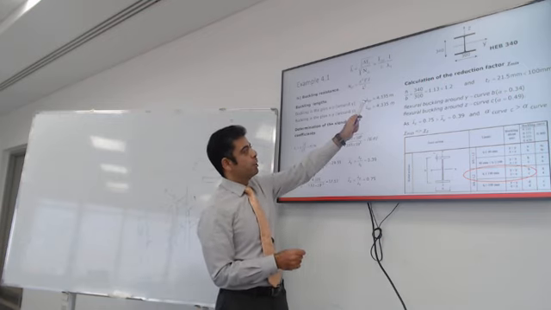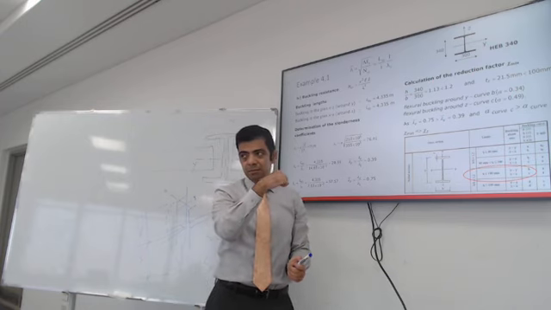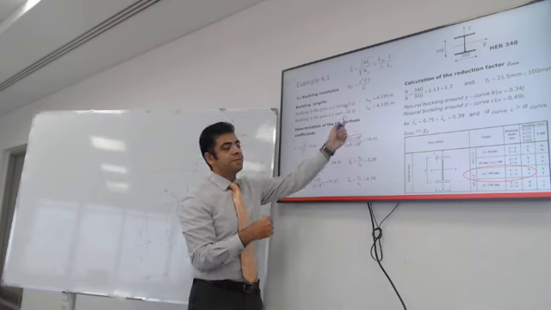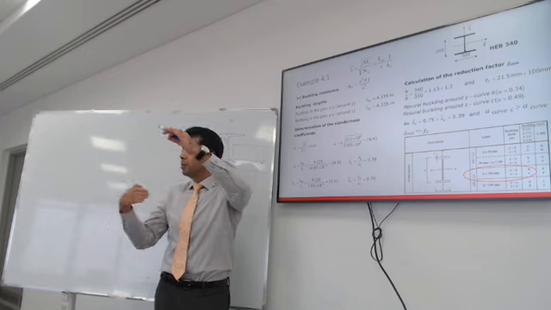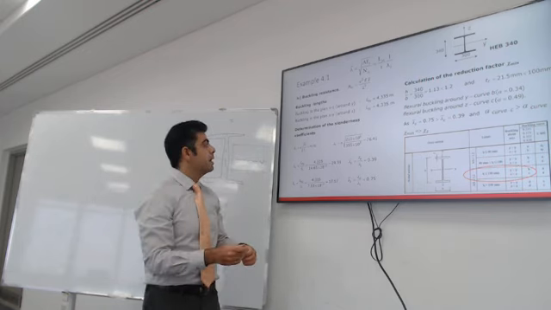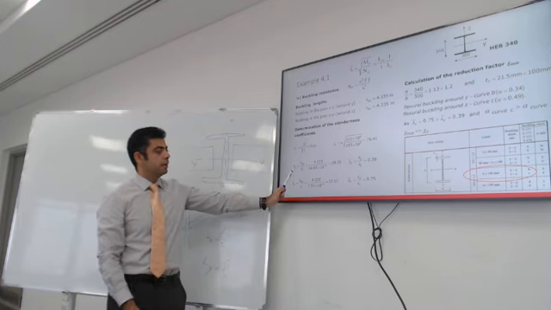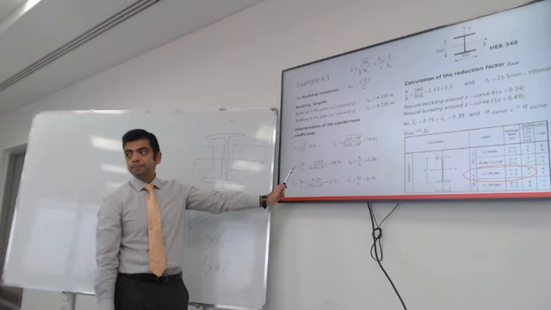What we need is the following. We need the unsupported length about Y and about Z. It's the same, right? Because it's pinned at the top, pinned at the bottom, with no beams framing into it, it happens to be the same. And then we're going to figure out the slenderness ratio.